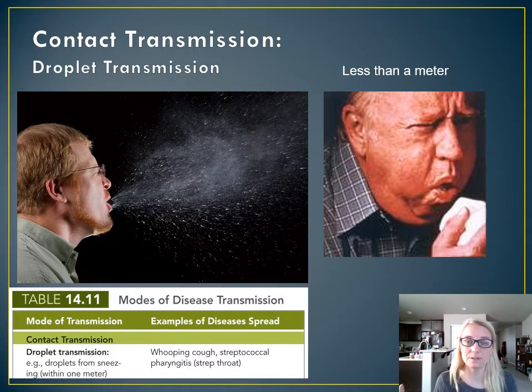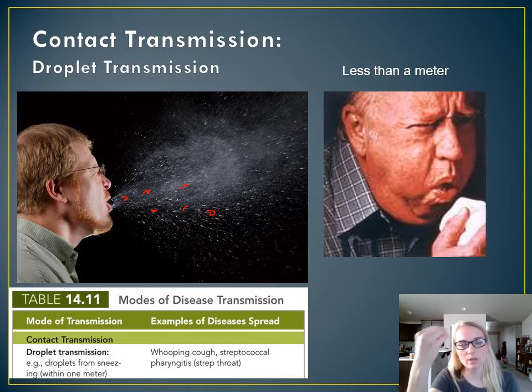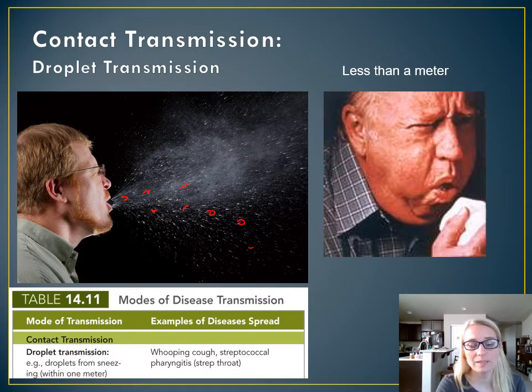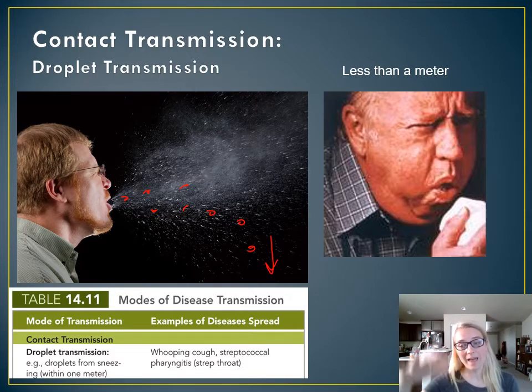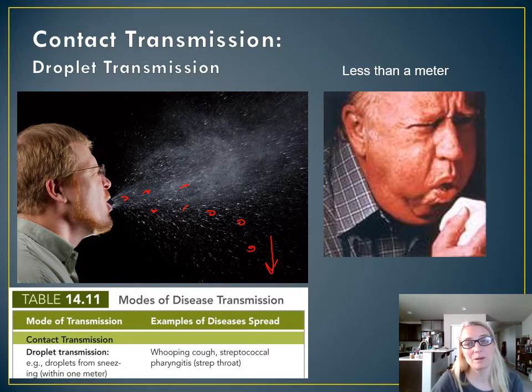If you can stay physically distant, then the droplets, let's say the virus is coming out here in these little droplets, respiratory droplets are large, they're heavy, and so they're going to fall down to the ground. The idea is they will fall out of the air less than a meter away.